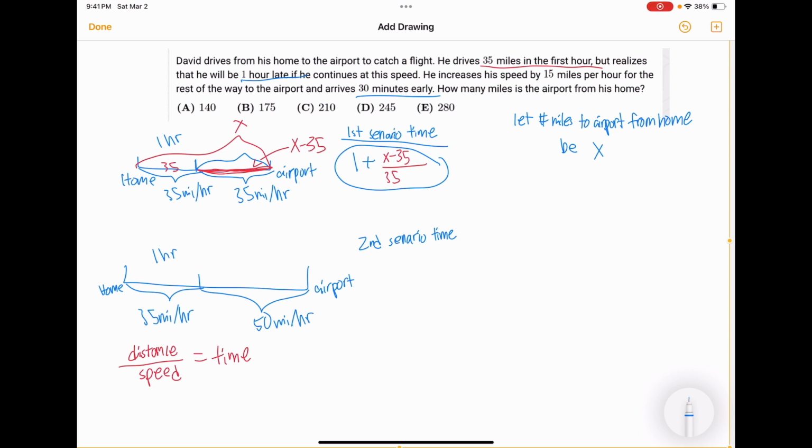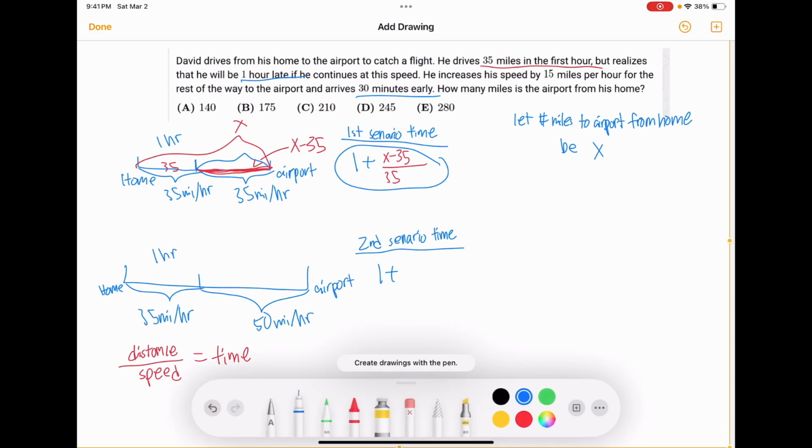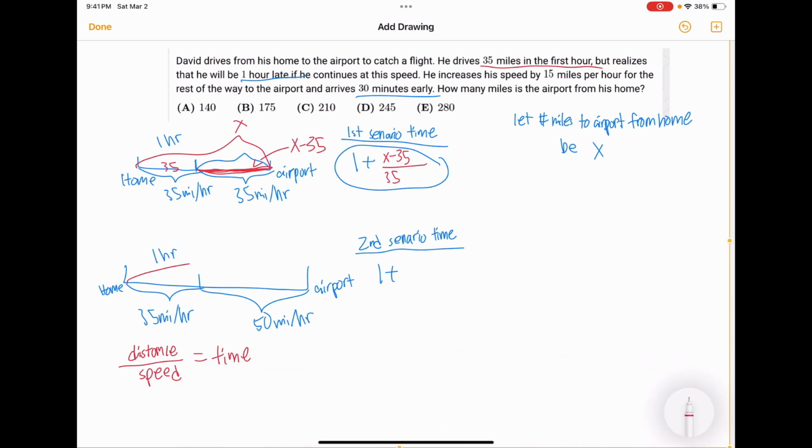Well, just like before, we already know that he spends 1 hour at first, and then it's the same thing. Because this whole distance from his home to the airport is x, then this is 35, and that means the remaining would be x minus 35.